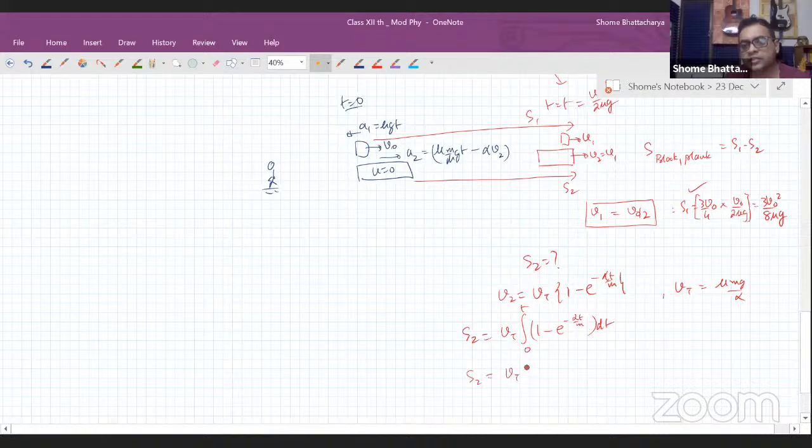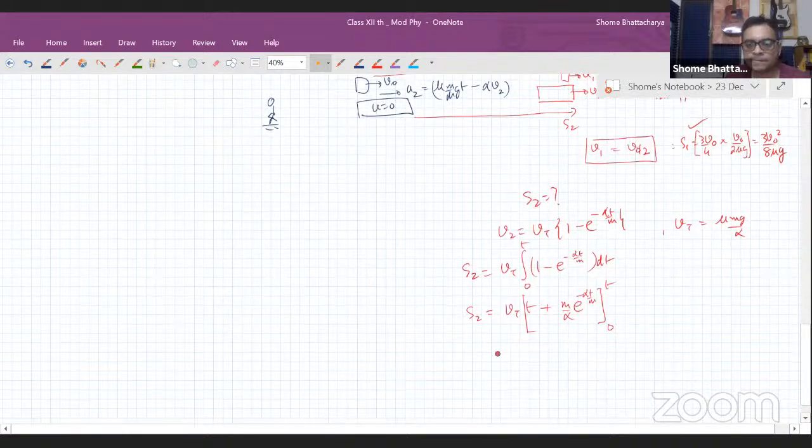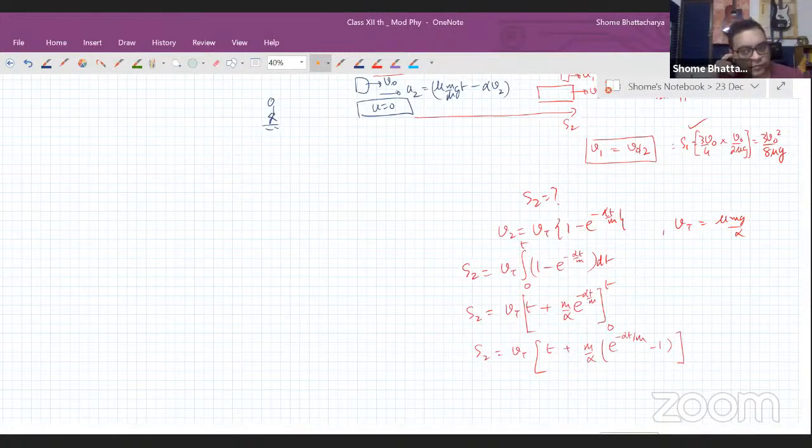So S2 will become Vt into T minus, okay, 0 to T. This kind of term it will become.